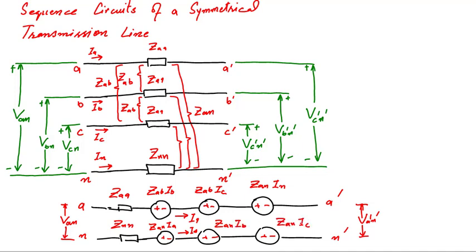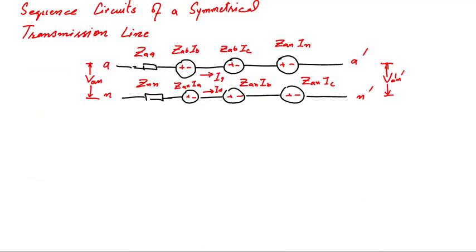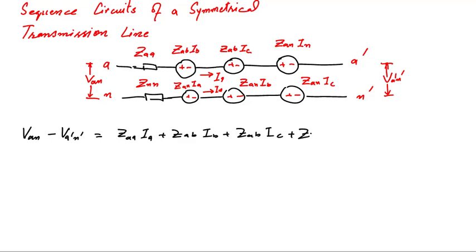So from here we can write an equation. That equation will be VAN minus VA'N' equals the voltage drop in this whole loop, that will be ZAA into IA plus ZAB into IB plus ZAB into IC plus ZAN into IN, and in the neutral conductor all these voltages will appear as voltage gain due to the current IN, because this current IN is actually flowing in the direction N to N'.